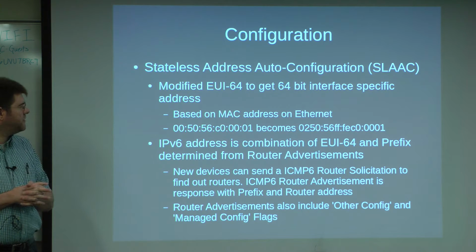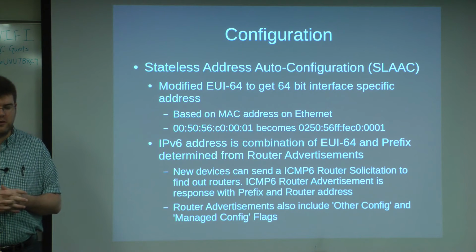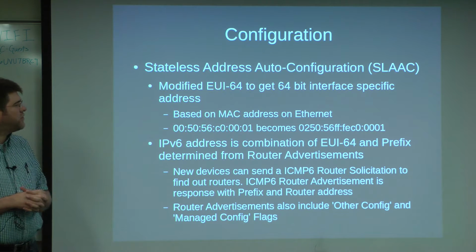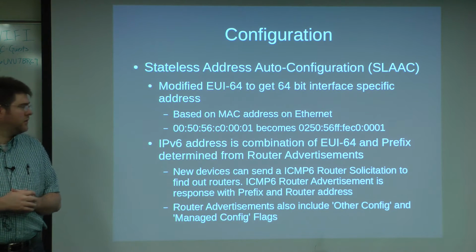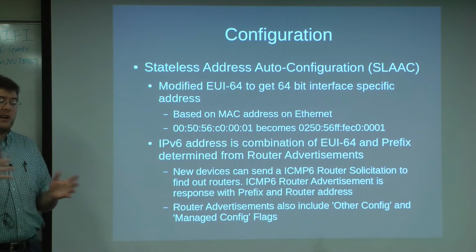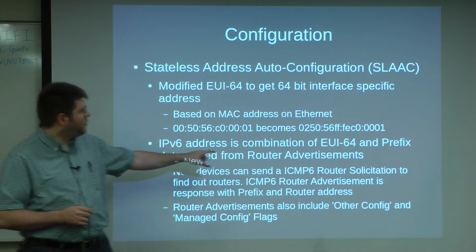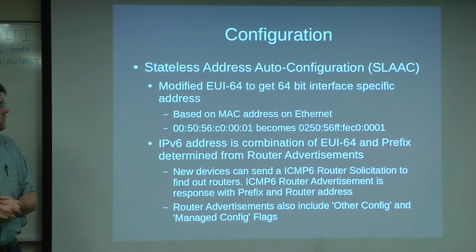The way it works is, first an individual device or node on the network is going to generate a modified EUI-64 address, and that will give it a 64-bit address based on its MAC address. I'm not going to go through the exact steps of how that happens right now, but for example, this MAC address would end up turning into that lower half of an IPv6 address. So we only have 4 groups of numbers, so that's only half of our address.